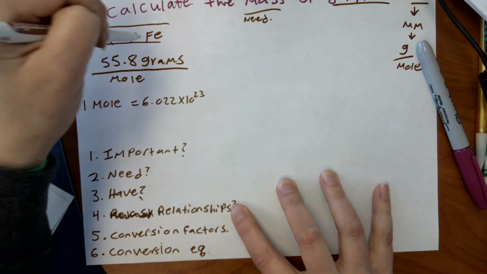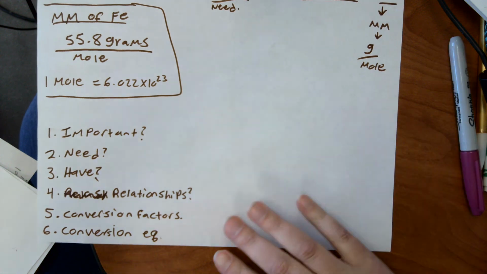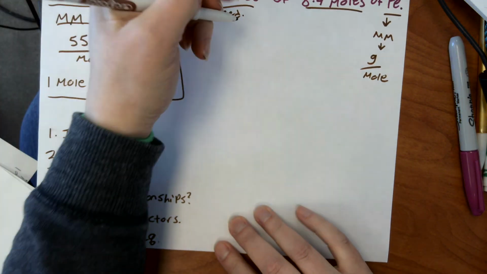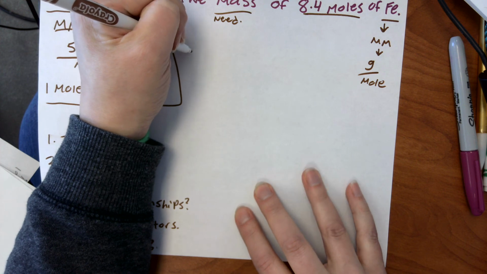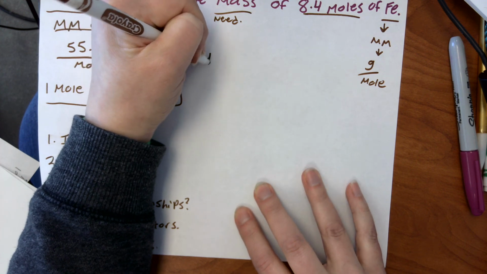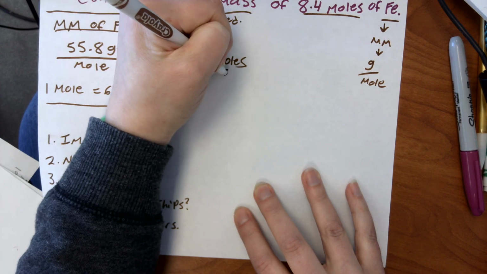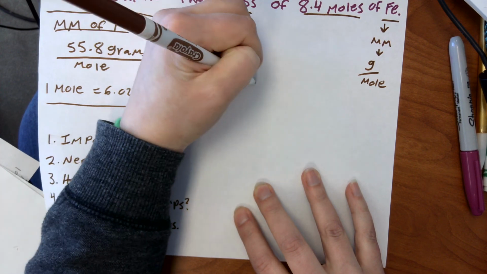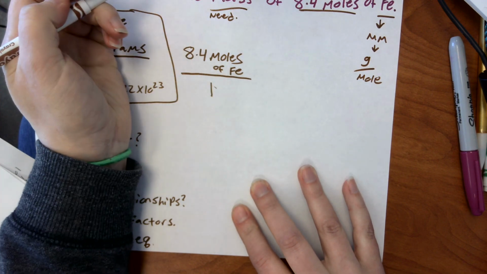So I'm going to box off my conversion factors again. So conversion equation, starting with what you have, is we start with 8.4 moles of iron. There's no units to accompany that, so it's all on its own over 1.